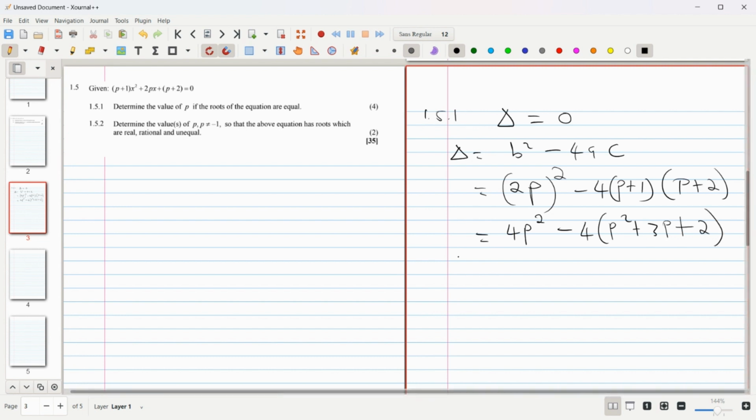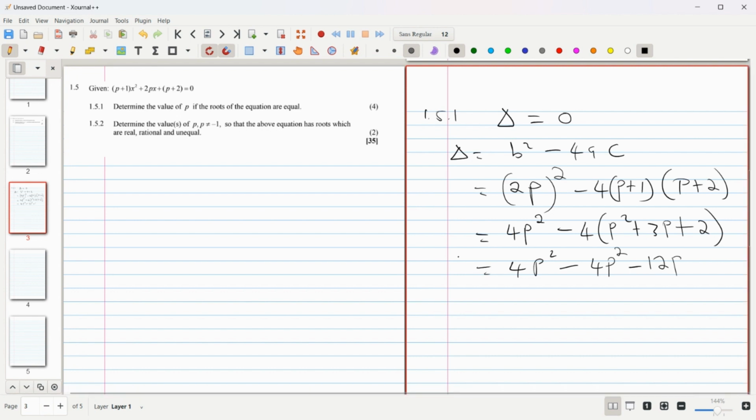The next thing we do is get rid of the brackets, multiplying everything by 4. So this will have minus 4p squared and then minus 12p and then minus 8.